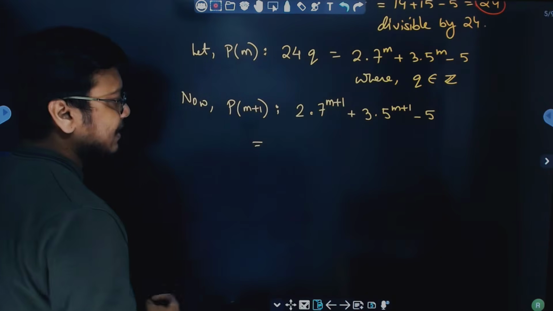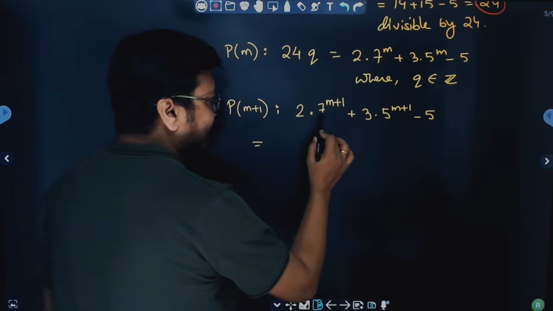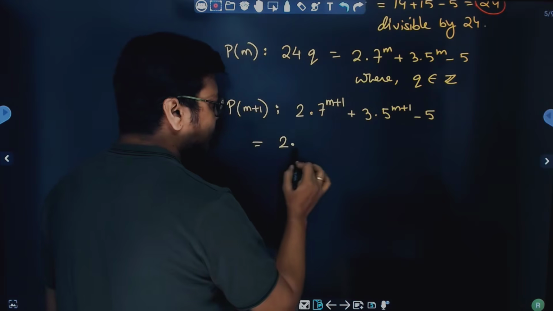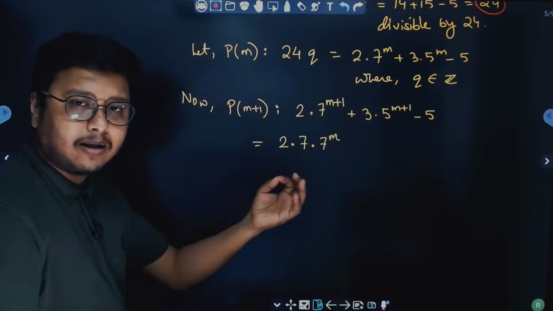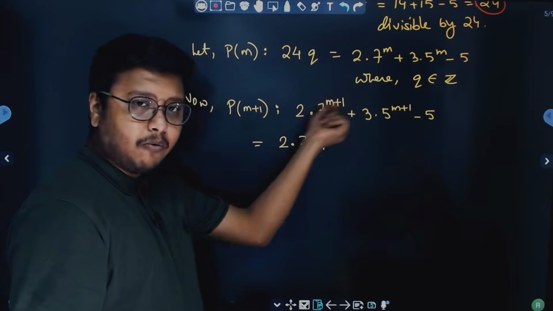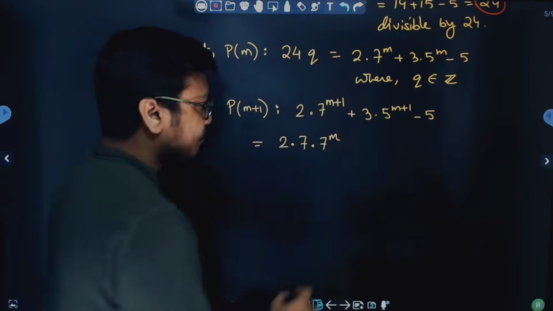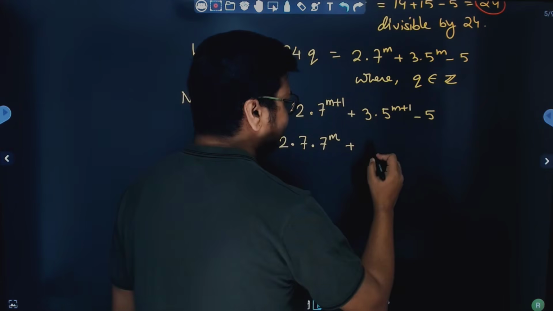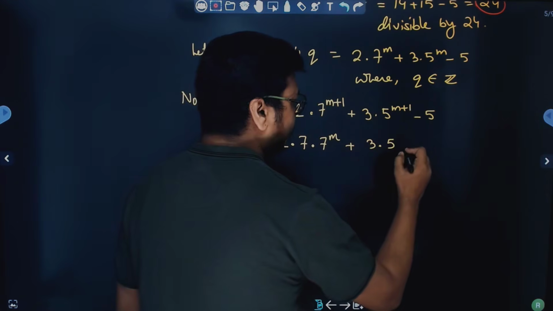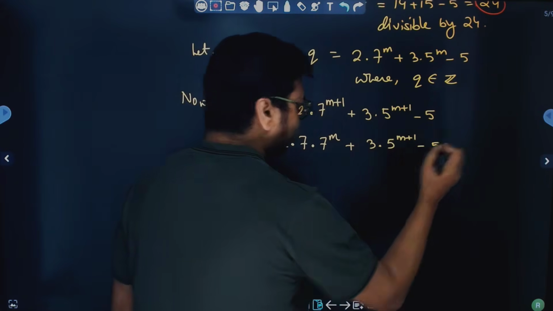I can break 7 to the power m plus 1 in this manner: 2 into 7 to the power m, so I've broken up 1 from the power and brought it in the front. The remaining things, let me just keep as they are: 3 times 5 to the power m plus 1 minus 5.